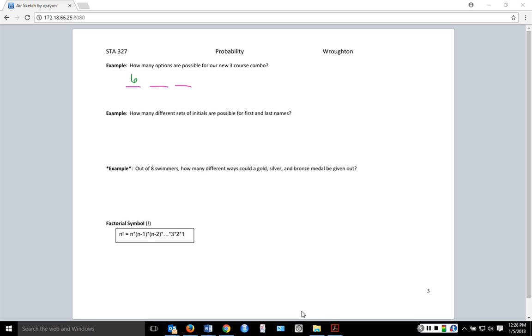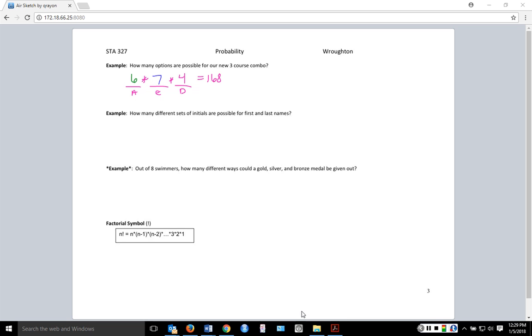And then we have 7 choices for our entree. And we have 4 choices for our dessert. So then I can just multiply my different numbers together and find out that I would have 168 possible 3-course combos.